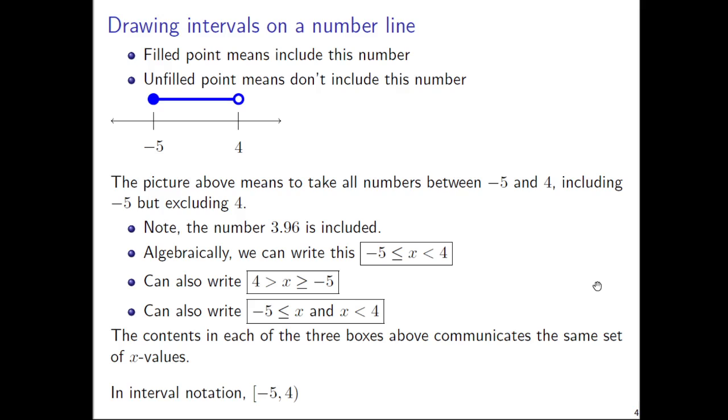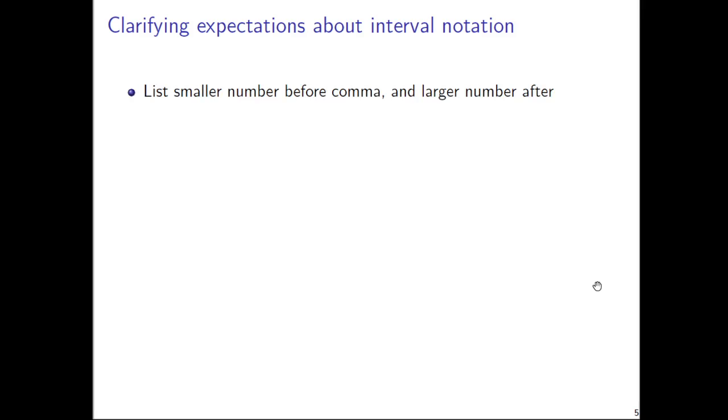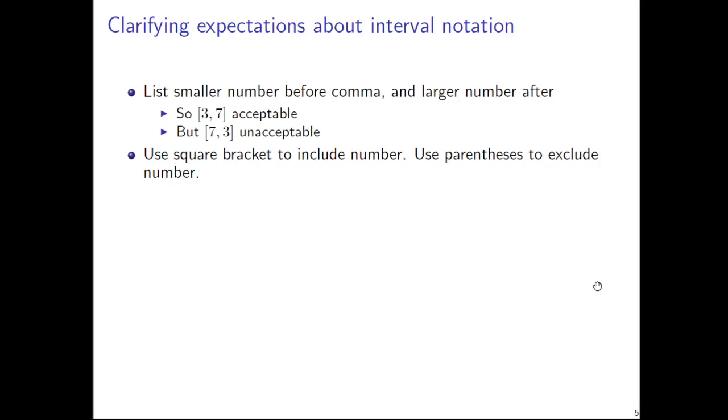Now we've been playing with interval notation a bit already, but just to clarify some things about interval notation, be sure to list the smaller number before the comma and the larger number after. For example, 3 comma 7 in square brackets is acceptable. However, 7 comma 3 square brackets, that's unacceptable because 3 should be listed first. Also, use square brackets to include a number and parentheses to exclude a number.